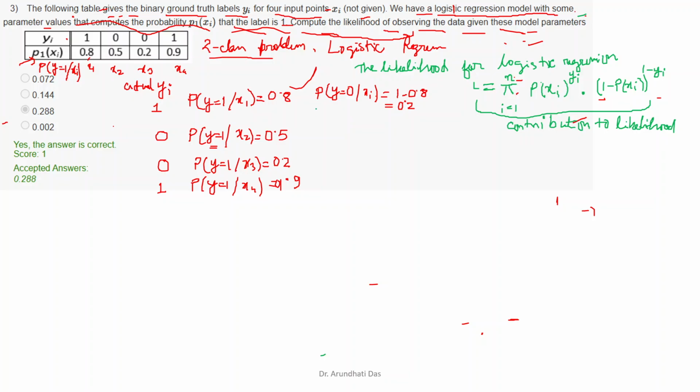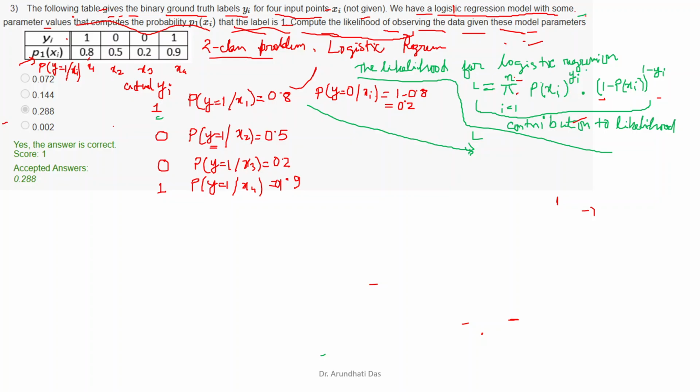For the first data point, I am computing the likelihood. The actual class label is 1, so I will simply substitute those values in this likelihood formula.